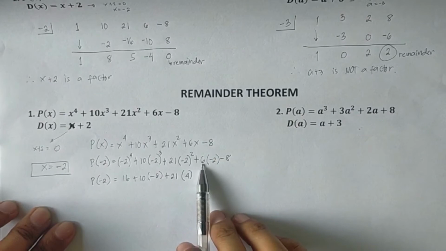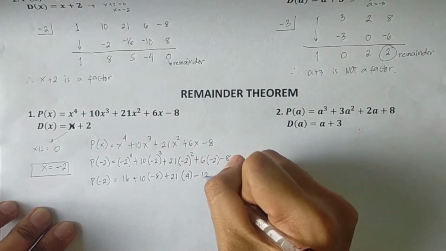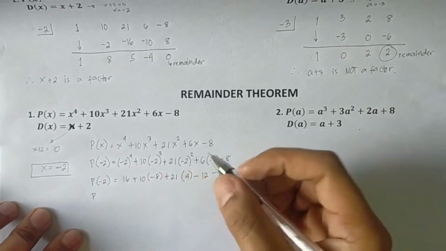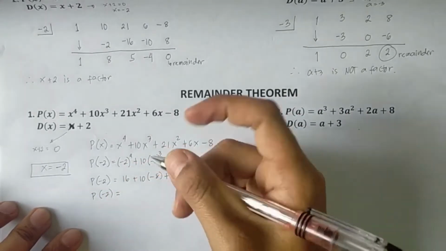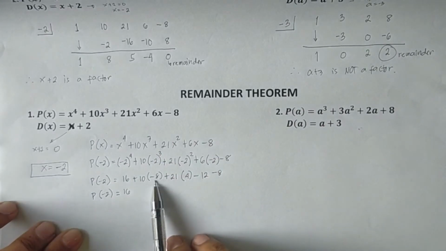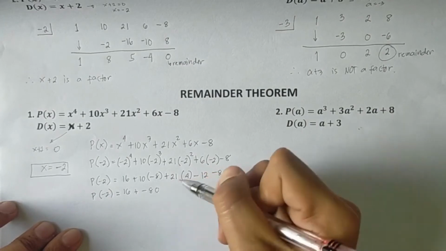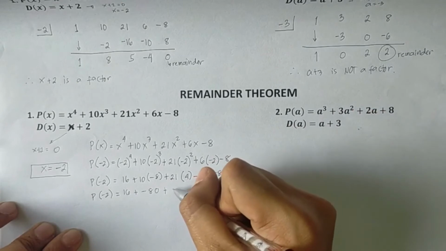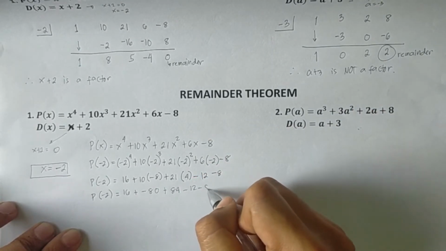Then you can multiply 6 times negative 2, that is negative 12, minus 8. So p of negative 2 is equal to, let's simplify first the multiplication, 10 times negative 8, that is negative 80, plus 21 times 4, that is 84, minus 12 minus 8.